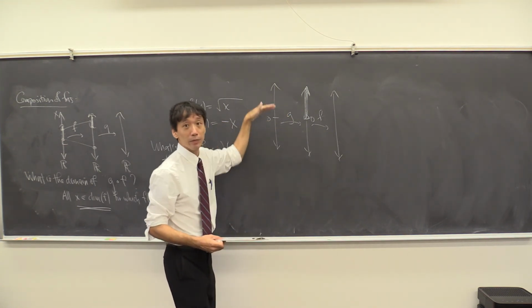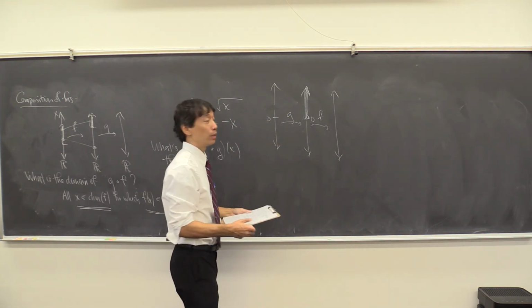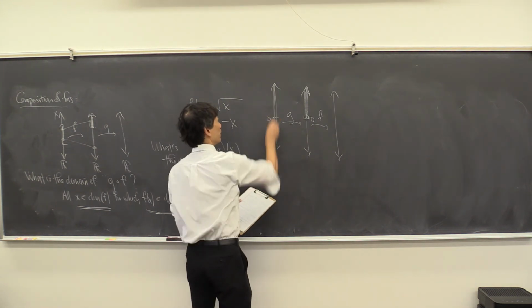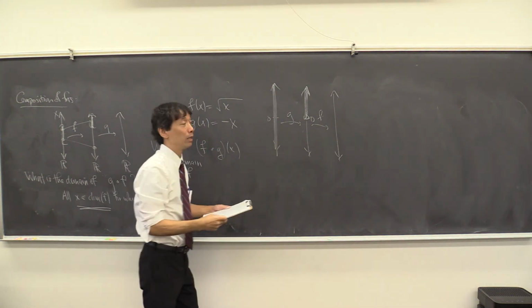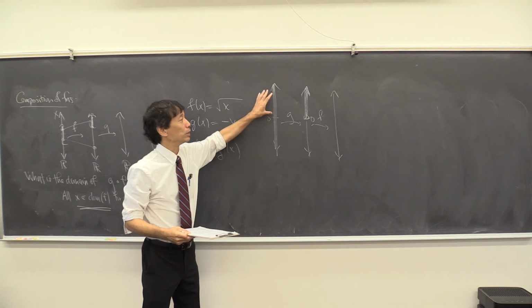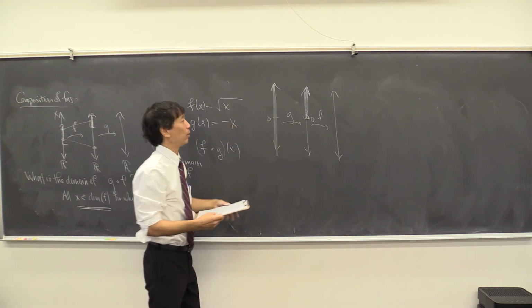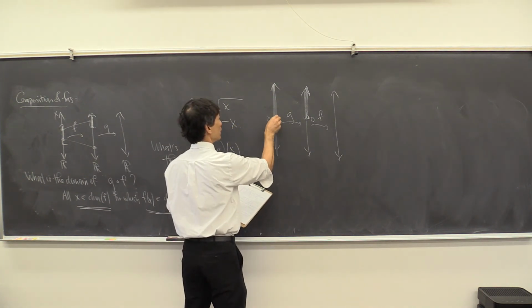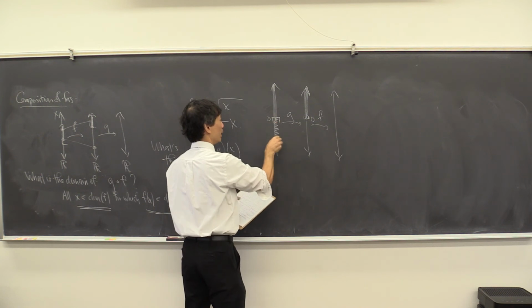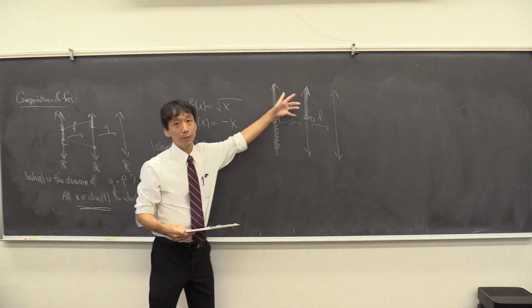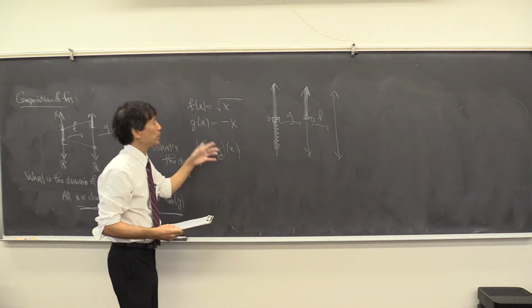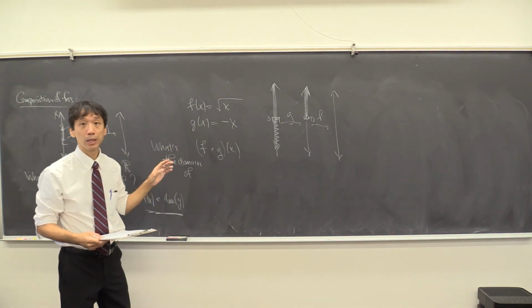All the non-positive numbers, right? g's domain is actually the whole line, but some of those don't work. Only the ones that start at 0 and go down from there get mapped into f's domain. So you see that's how that works.